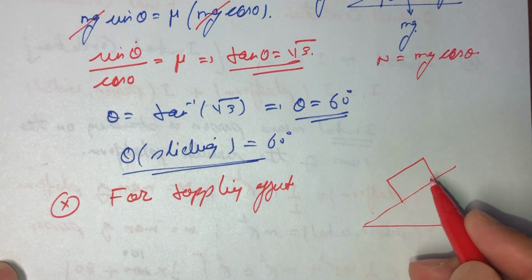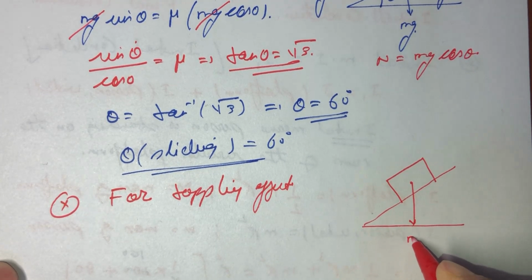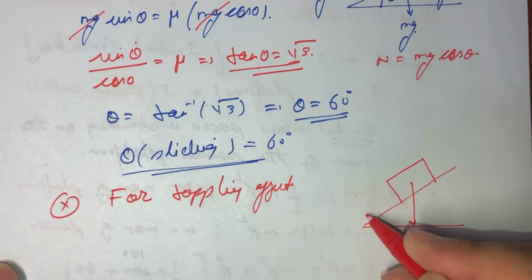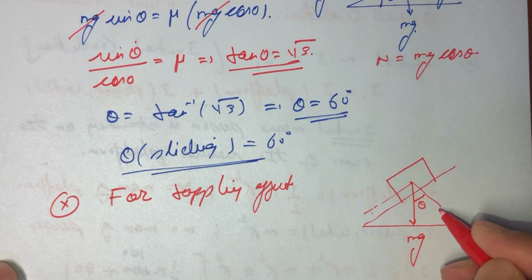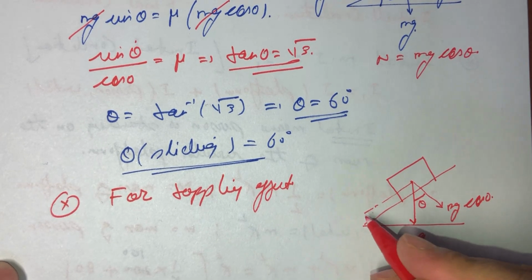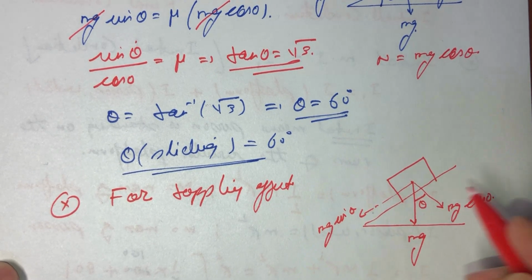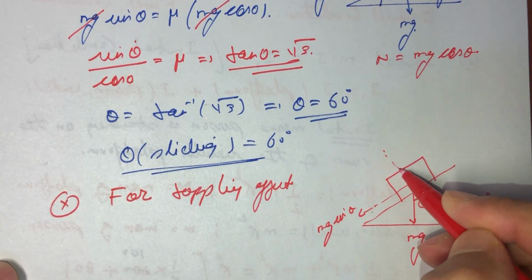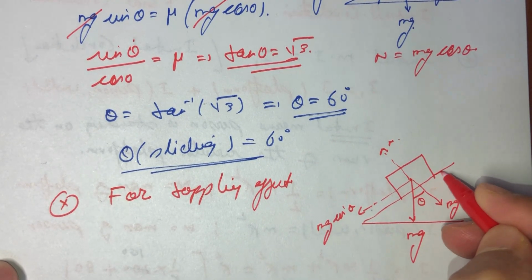and once again we are going to have mg divided into two components. This will be theta, and this will be mg cos of theta, this will be mg sine of theta, and we are going to have a normal N and a frictional force Fr.